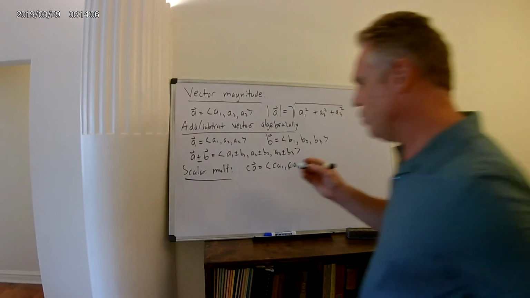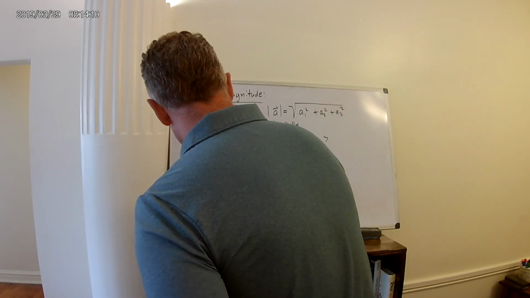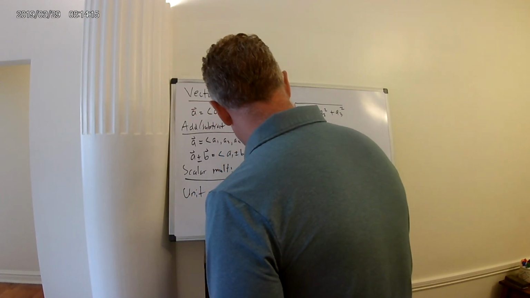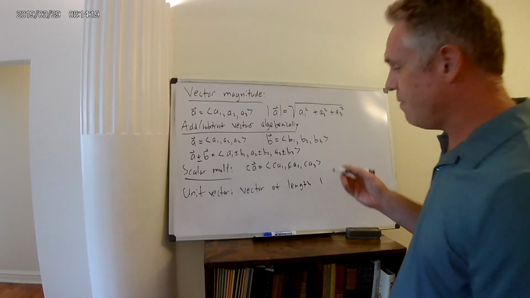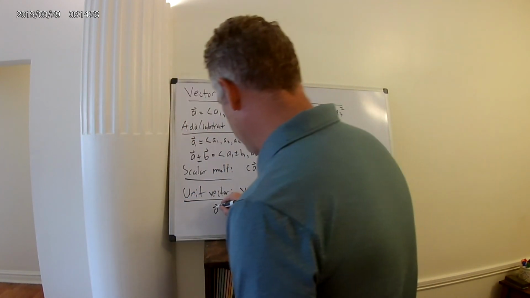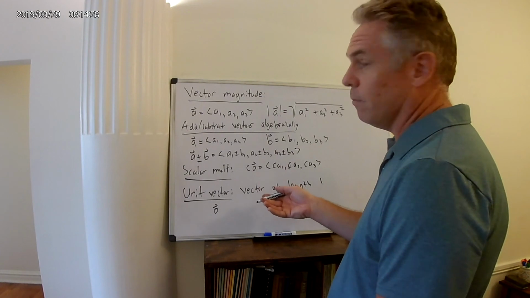Let me talk about the unit vector. A unit vector is a vector with a magnitude of 1. And if I have a vector A, which may not have a length of 1, it may have a longer or shorter length, how do I find the unit vector for vector A?